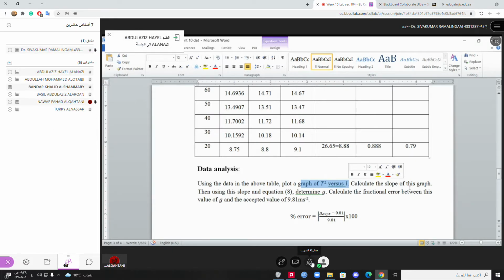So, Doctor, I get the average and put it in the conclusion for the first schedule. And to calculate the T average, the sum of the three values divided by 3. Yes.